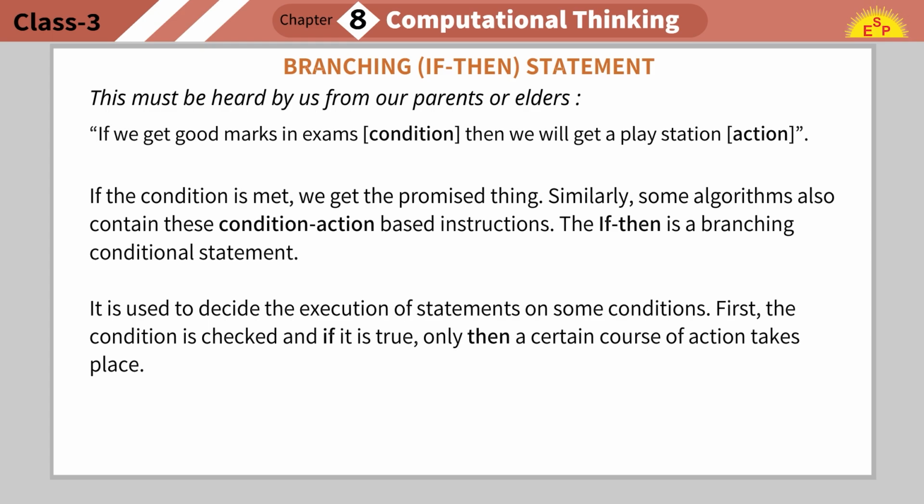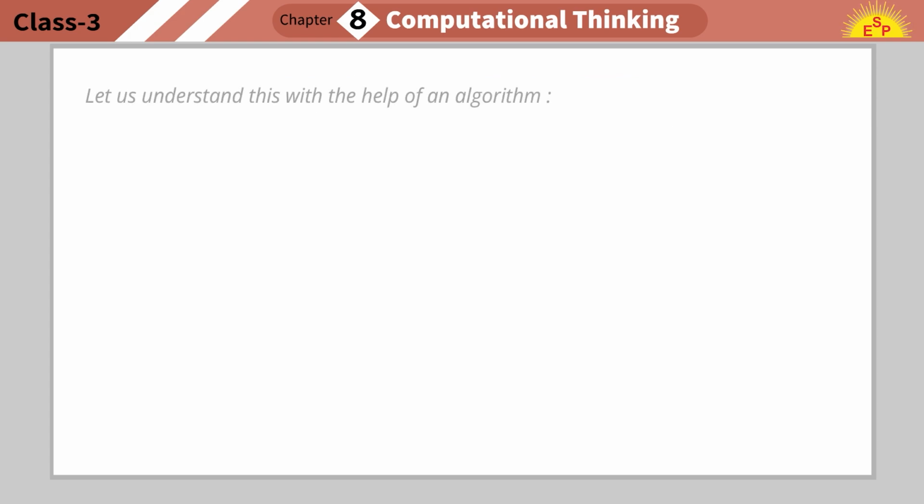The if-then is a branching conditional statement. It is used to decide the execution of statements on some conditions. First, the condition is checked, and if it is true, only then a certain course of action takes place.